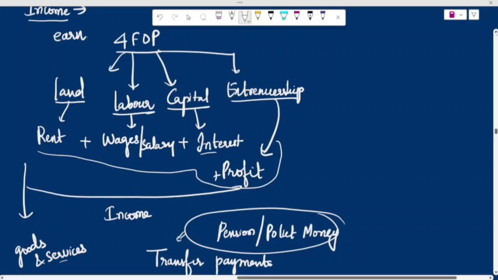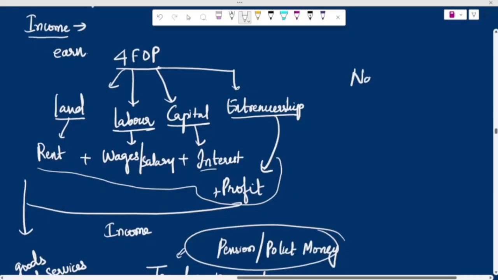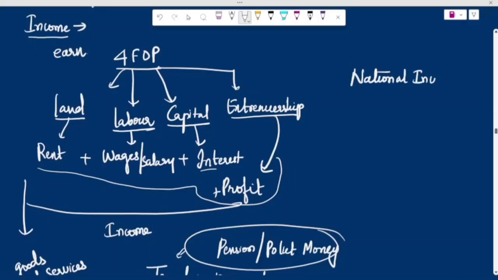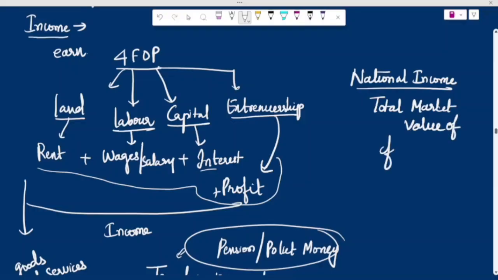So national income is nothing but the total market value of final goods and services produced in an economy in a given year.